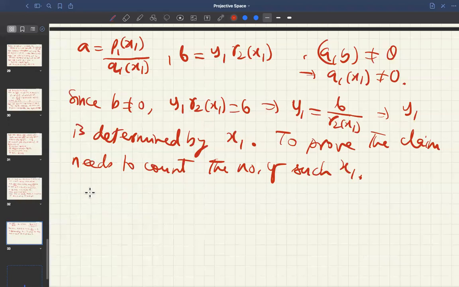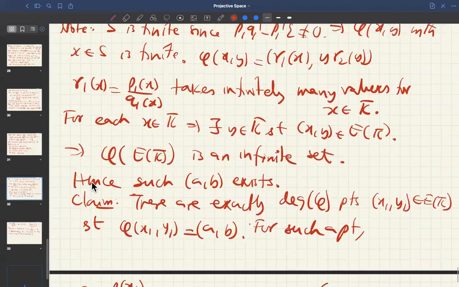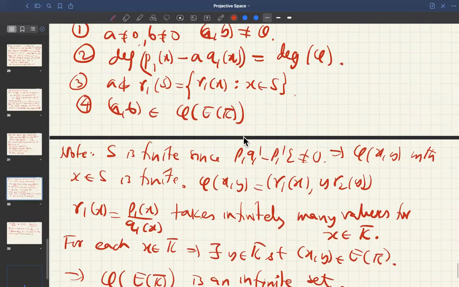Now what was our second assumption? The second assumption is that the degree of P1 minus A Q1 is the same as the degree of phi.